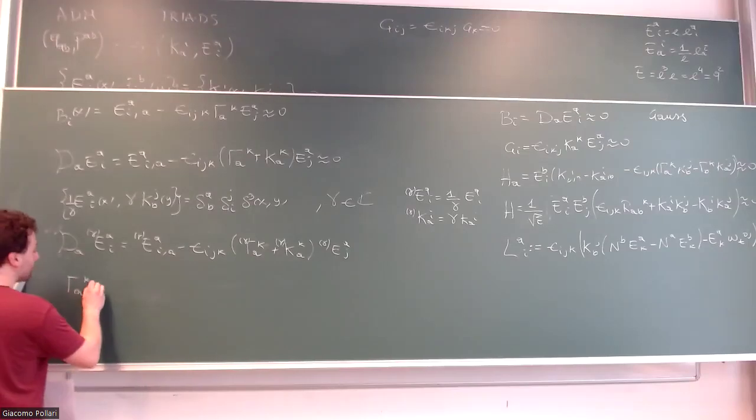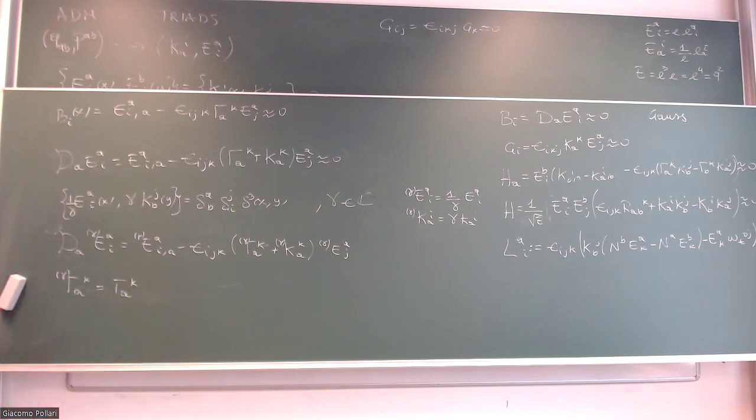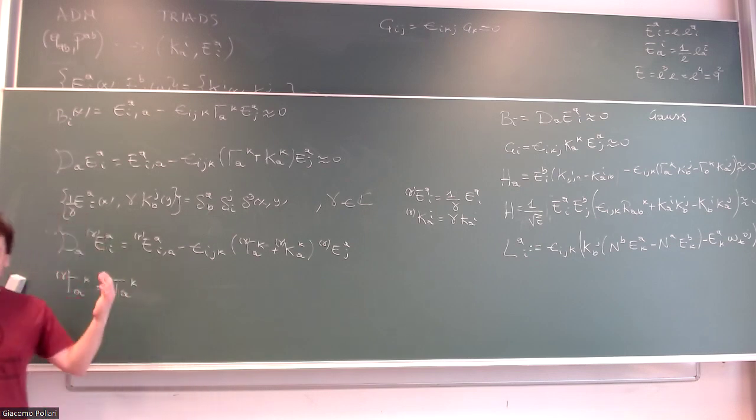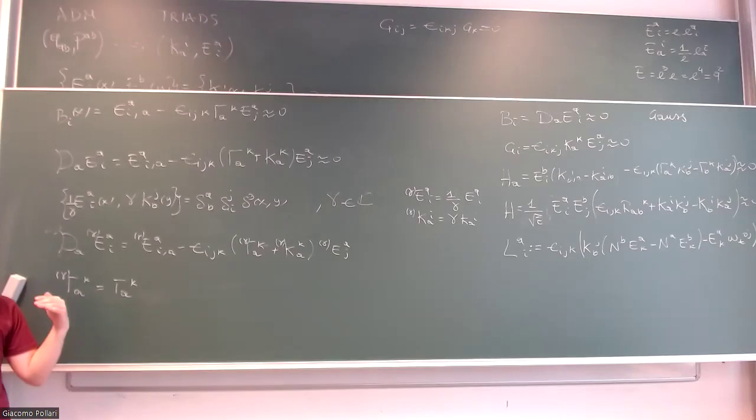Gamma A_K is invariant under this scale. But it is also quite easy to see, because this gamma has a Q with indices up and the derivative of the Q with indices down, as a definition of the Levi-Civita.